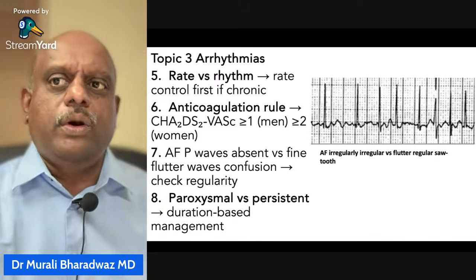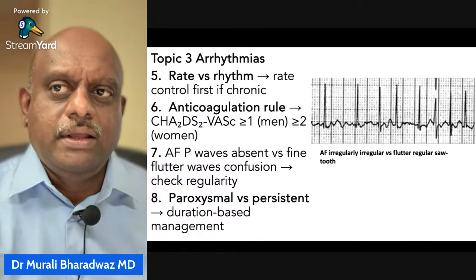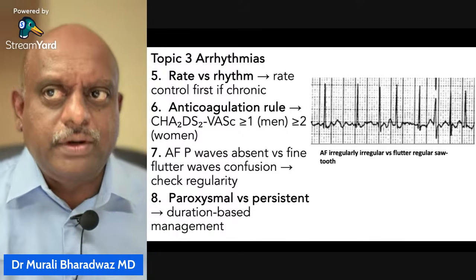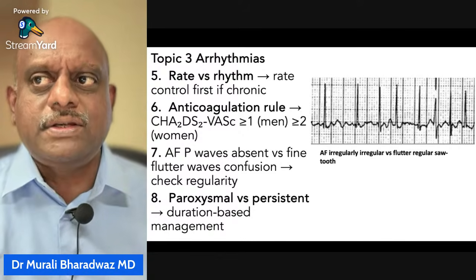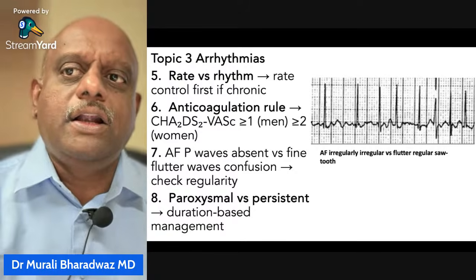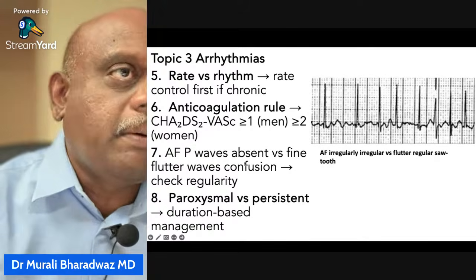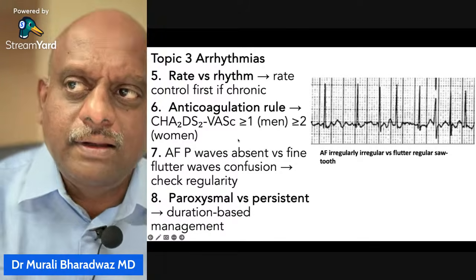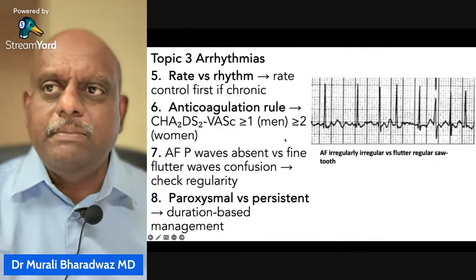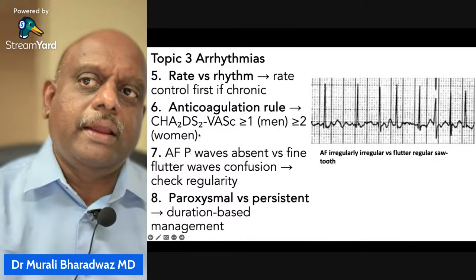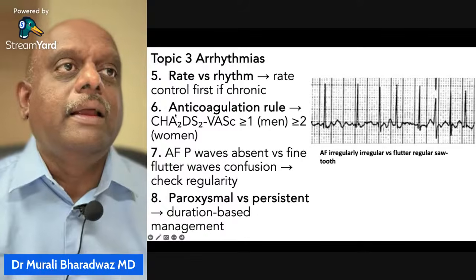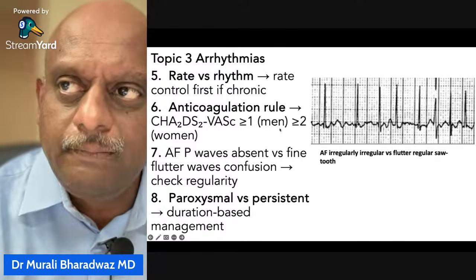For that, we do what is called the CHA2DS2-VASc score. CHA2DS2-VASc is the typical score which you need to remember. If it is more than 1 in men or more than 2 in women, then anticoagulation needs to be used.